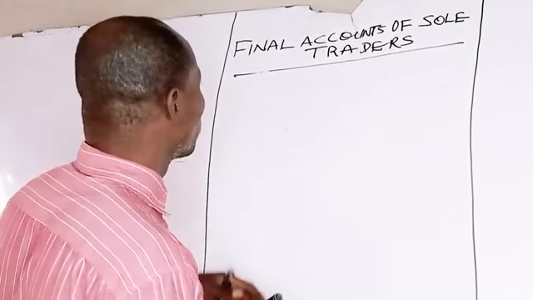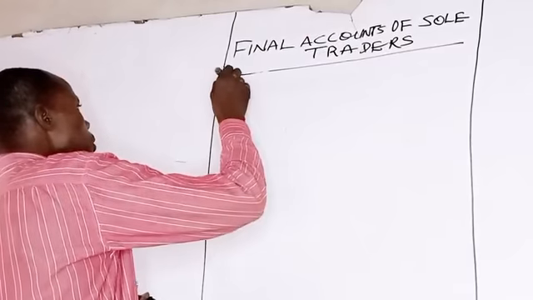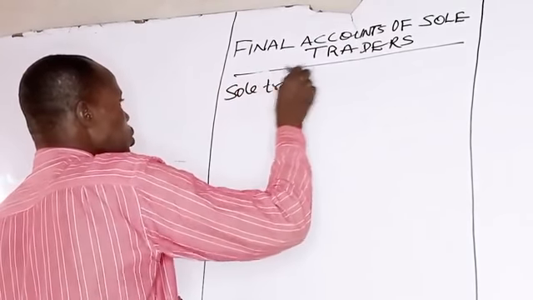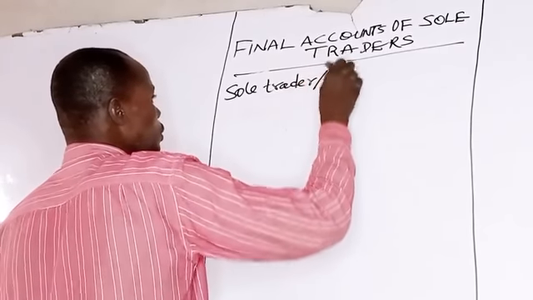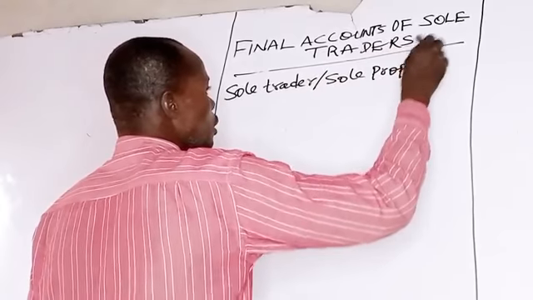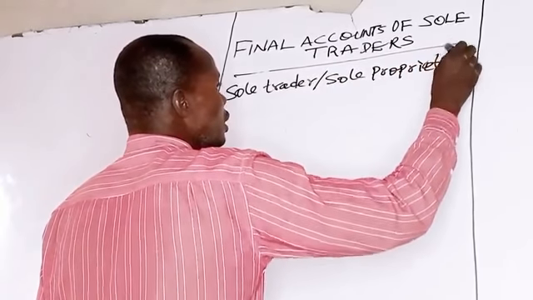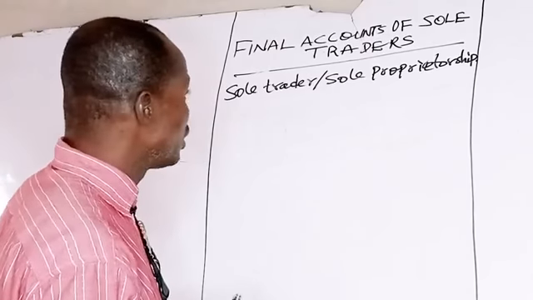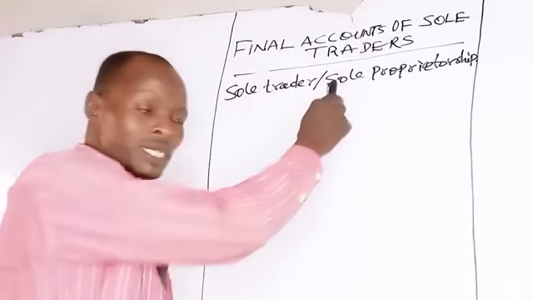Now, what do we mean by sole traders? Sole traders, or sole trader, or sole proprietorship. This is a one-man business. A sole trader or sole proprietorship is a one-man business.